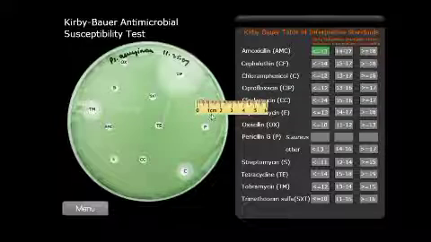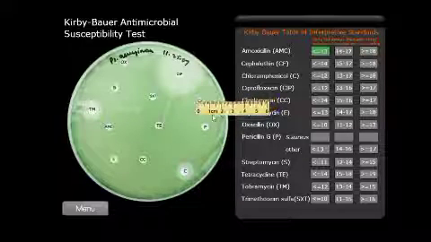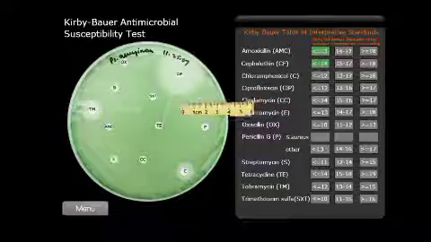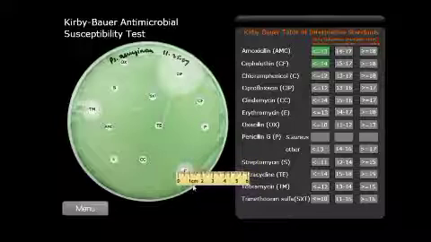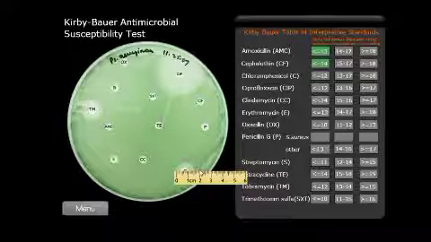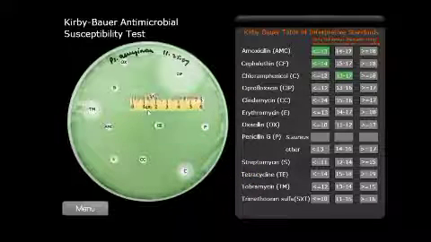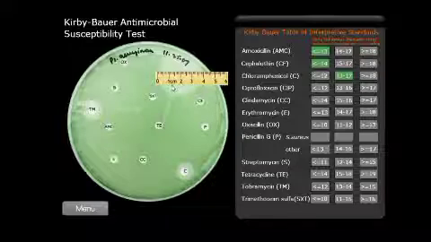CF, 7, which is resistant. C, 15, which is intermediate. CIP, 40, which is susceptible.